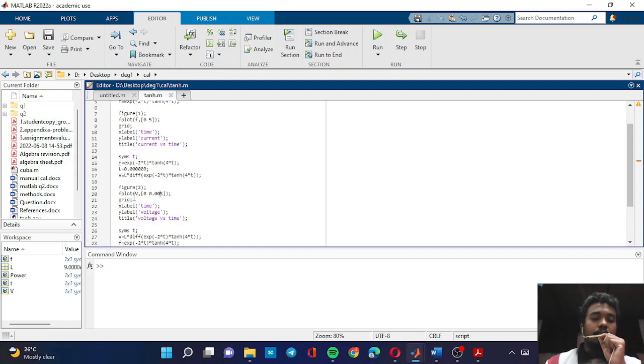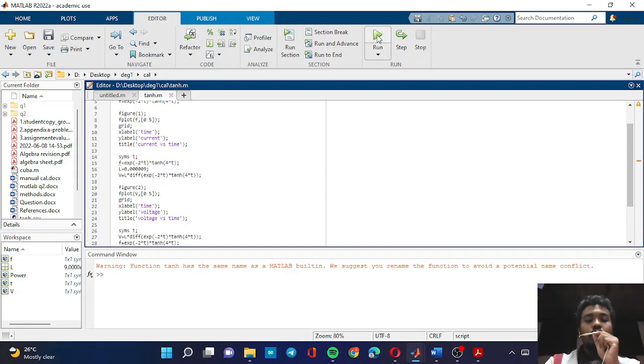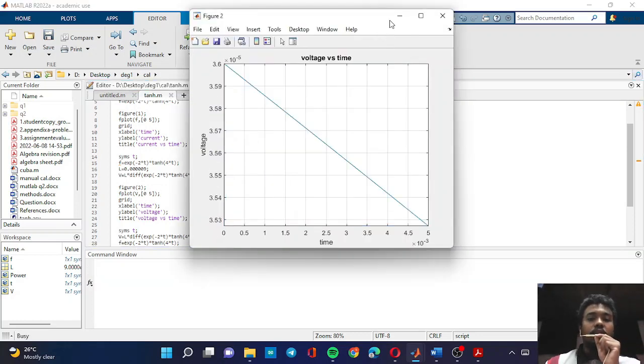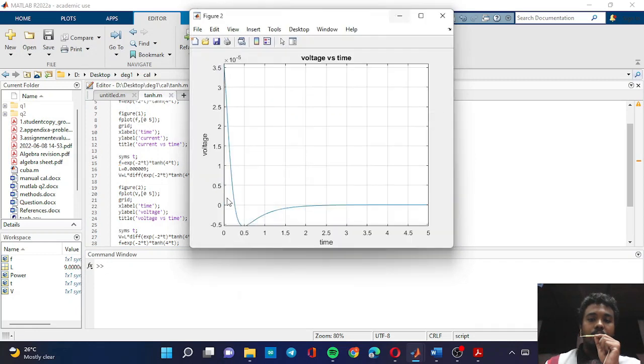Then I use fplot of V from 0 until 5 with the title voltage versus time, and then I press run to show the graph of voltage versus time. So this is the graph of voltage versus time. You can see the maximum time is 5 and the maximum voltage is 3.5 times 10 to the negative 5.